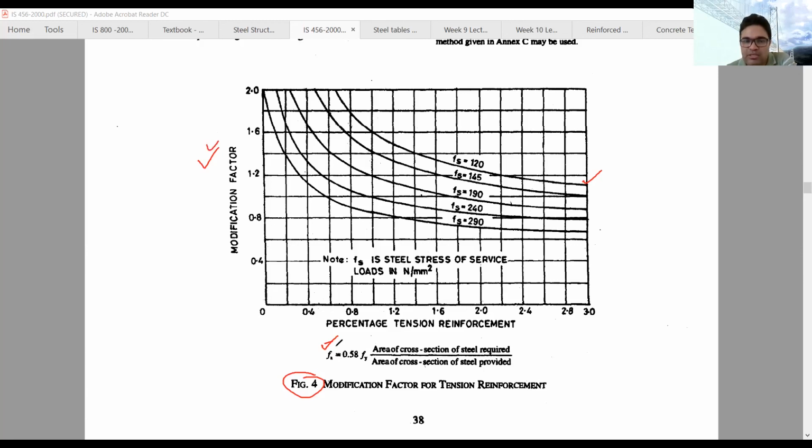Once we calculate the value of Fs and the percentage of steel in our beam, we find this modification factor and use it in our calculation. I will explain how we find this value of MF using an example, which I have provided, so we will see that.